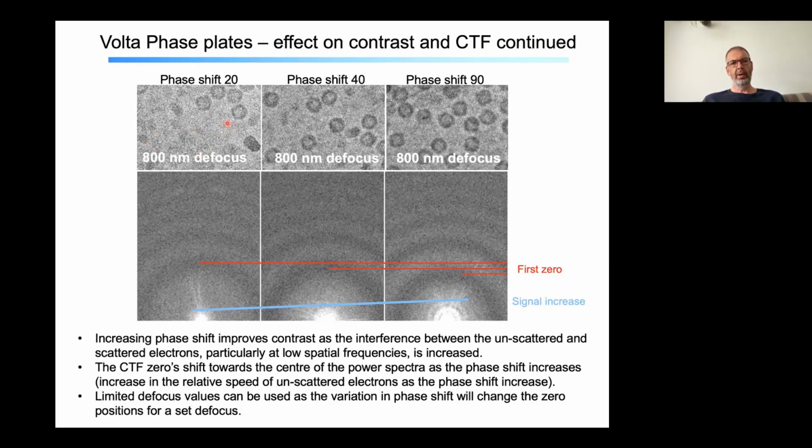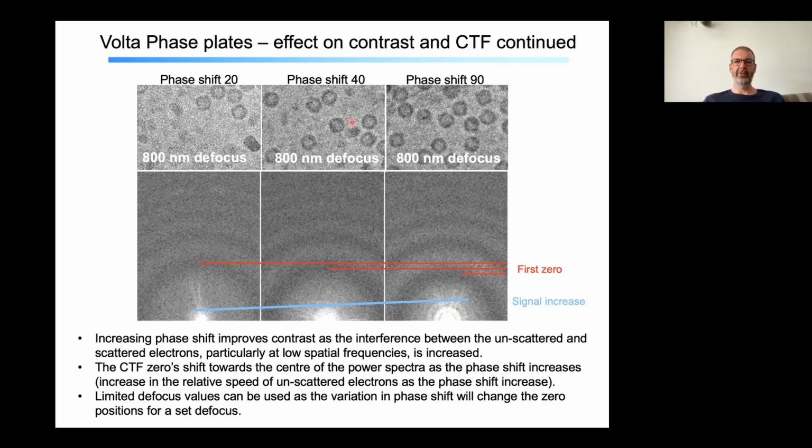So when you start up at low charges, you get small relative phase shifts. You still get an increase in contrast because your unscattered wave is accelerated to a lesser extent than at 90, but still accelerated versus your scattered. So you still get this interference, so it makes it easier to see your object.